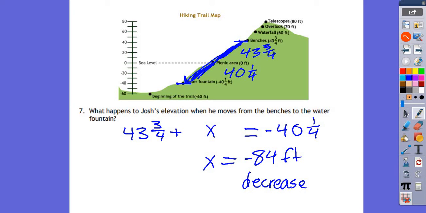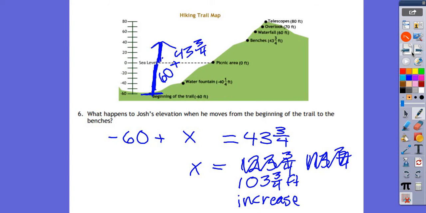What I did was I took the 103 and 3/4 and subtracted 20 and 1/4, and I got 83 and 1/2. So the last problem, the 103 and 3/4, and then I subtracted 20 and 1/4. Well, you could have just subtracted 40 and 1/4.